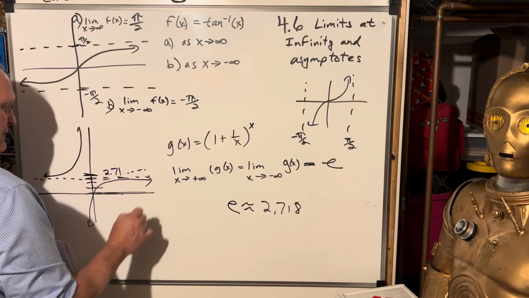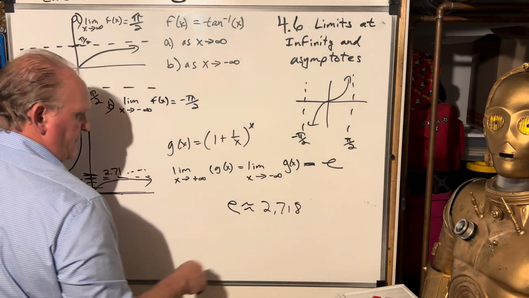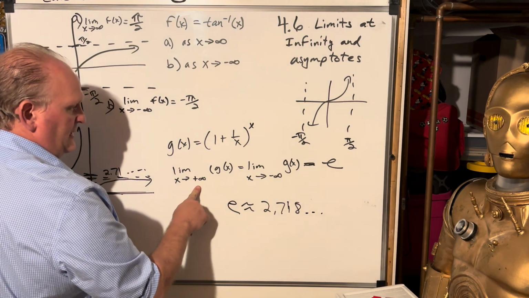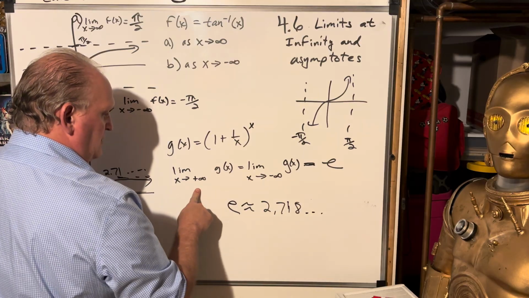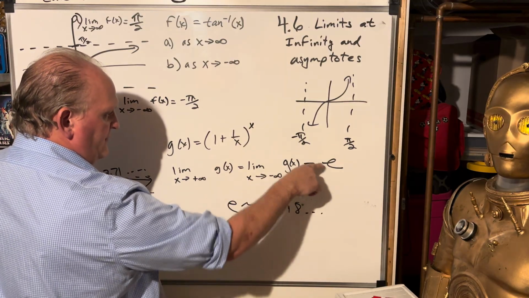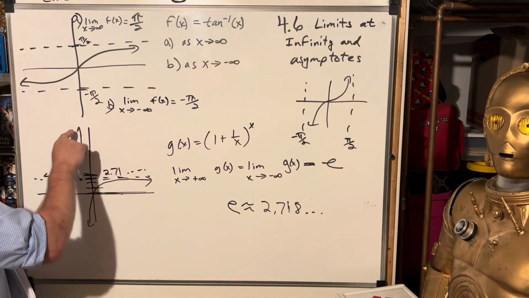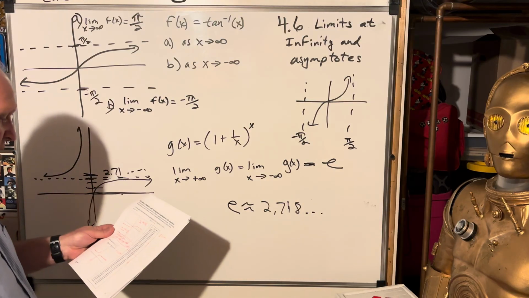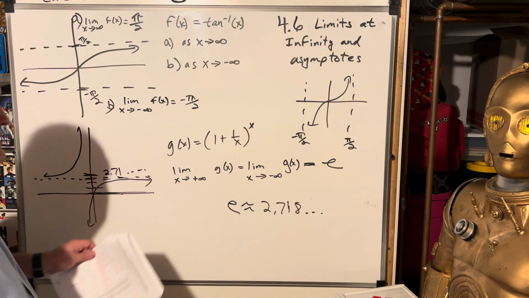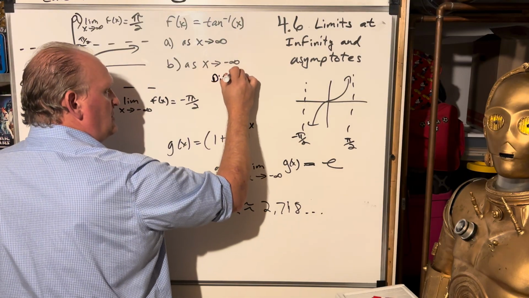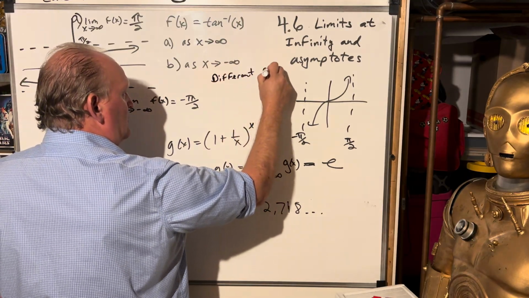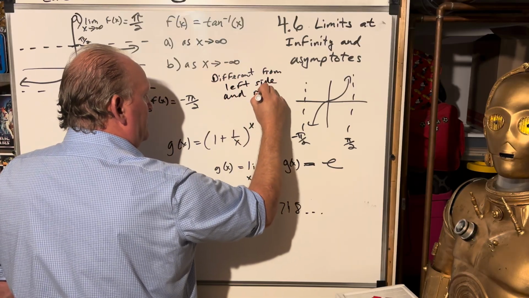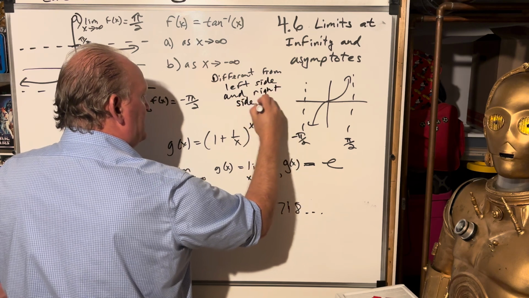There's 3, and 2.718. They're saying that for this one, the right and the left limit are the same. So going to positive infinity and going to negative infinity, they're both approaching e, just this is approaching it from above and that from below. Whereas here, these are actually approaching different limits from the left side and the right side. So the first one has different left side and right side limits.